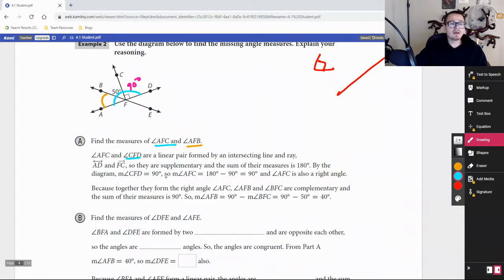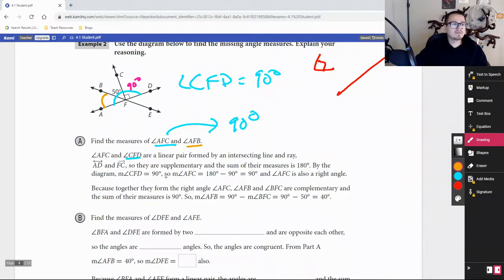So AFC plus CFD has to equal 180 degrees. We know the measure of CFD is 90 degrees. So if they have to be a linear pair, that tells you right away that AFC has to be 90 degrees as well. That was relatively simple.